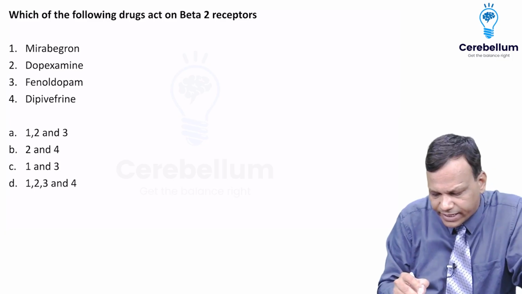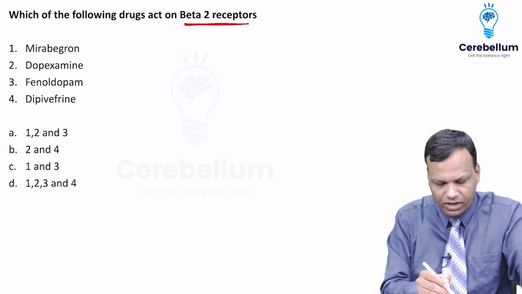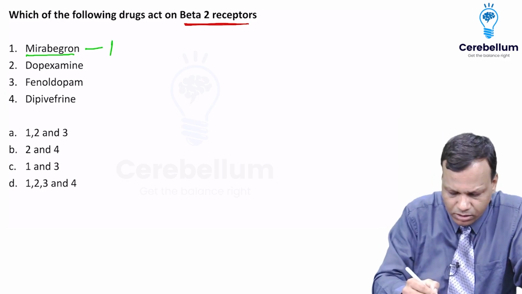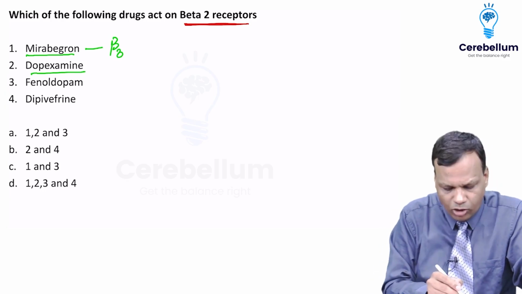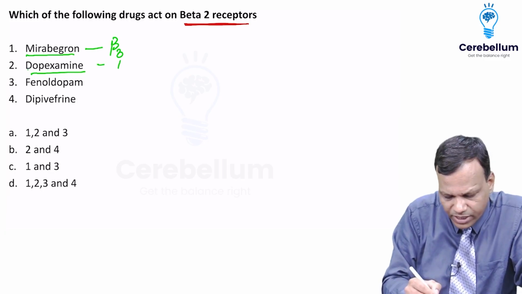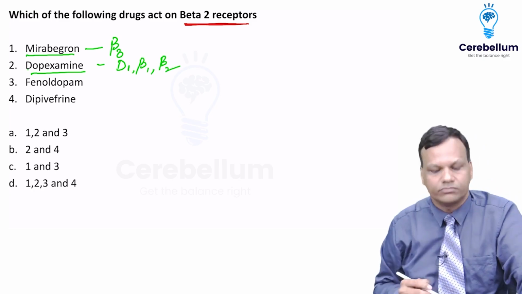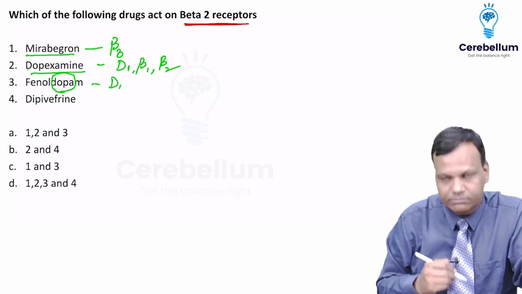Then which of the following drugs act on beta 2? We'll see one by one. Mirabegron is acting on beta 3. Dopexamine: remember, dopexamine contains dopa in the name, so it stimulates D1 receptors, but in addition, it stimulates beta 1 and beta 2 also. Fenoldopam is only dopa, so only D1 receptor.